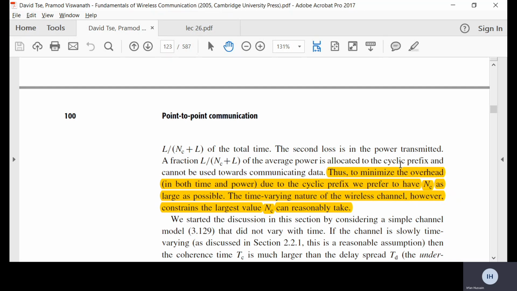So how can we minimize this loss? The first thing is that we should have NC very large as compared to L, so that this ratio is smaller.